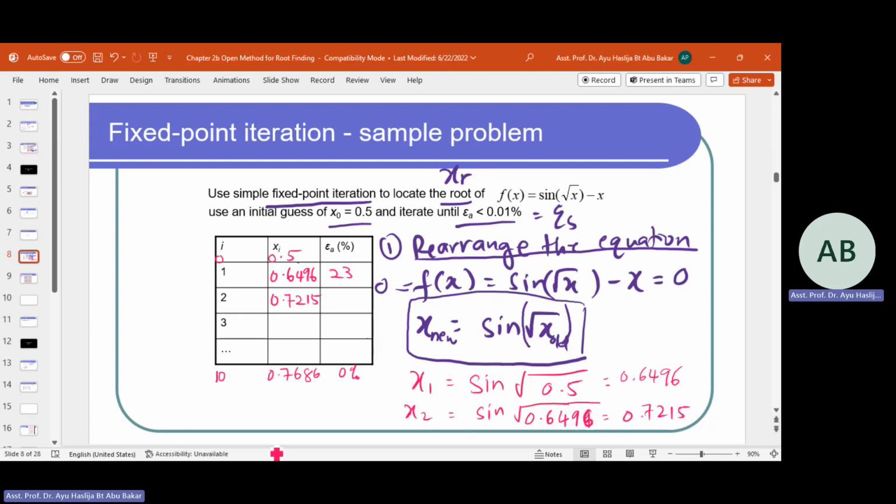But I can see some of you at iteration number 10 get 7686 or 4. So this one will give you EA around 0.003, is it? Roughly there. Okay, so again, it depends on the decimal points or significant numbers that you use. If you use 4 consistently from the beginning, then you will get until 0%.